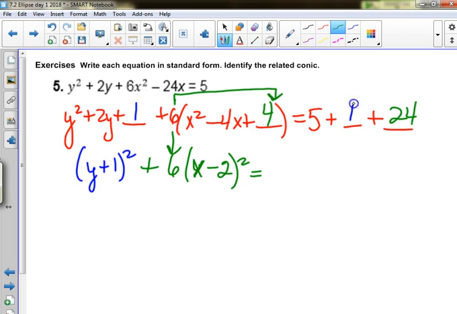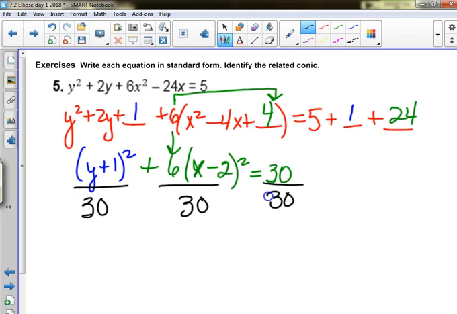What does this side all add up to? 30, okay? Because there's a coefficient here, it's not a circle. So I have to divide everything by 30. I have y plus 1 quantity squared over 30 plus, what would this be? 6 goes into 30? Reduces to a 5.